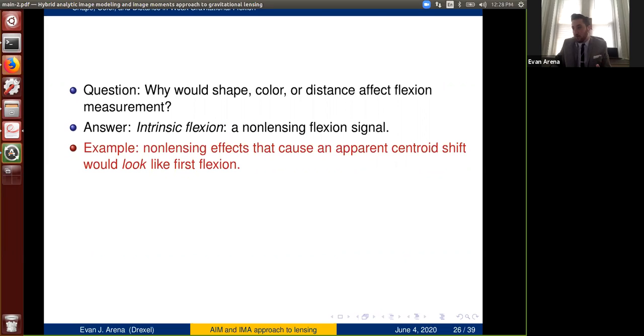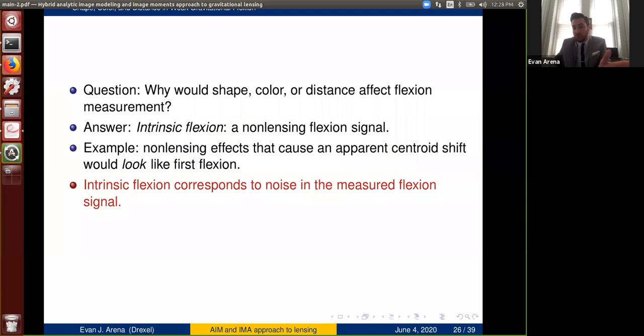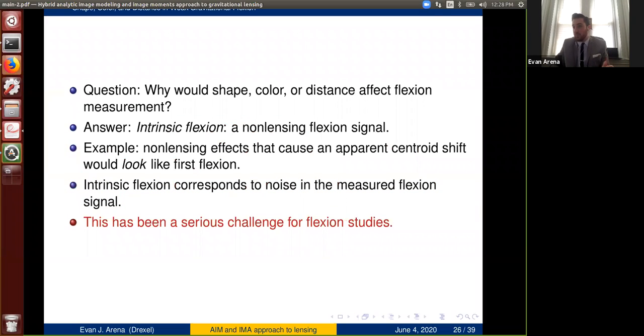So any non-lensing effect that causes an apparent centroid shift would be measured as first flexion, even if there are no lensing fields present. So this intrinsic flexion is therefore a noise associated with the measured flexion signal. And this has been a serious challenge for flexion studies.